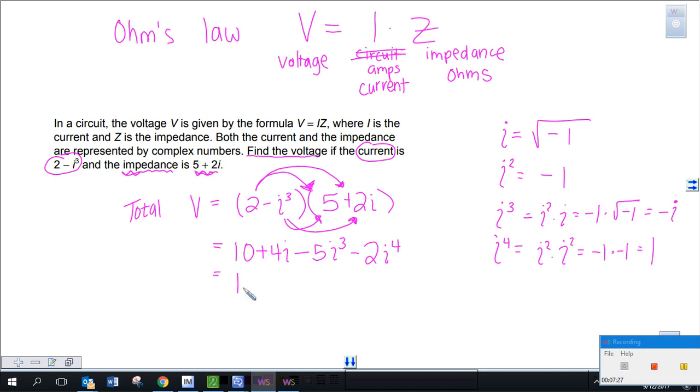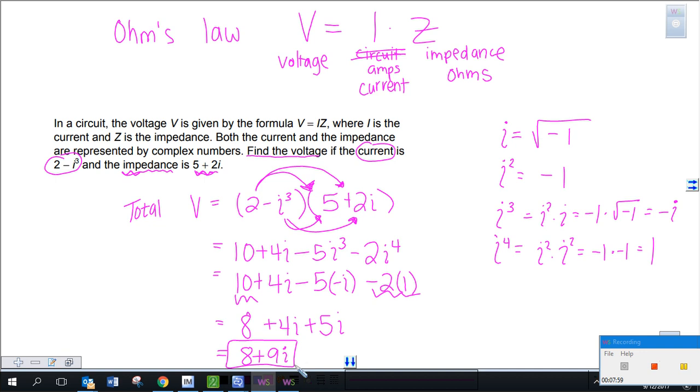So I get 10 plus 4I minus 5 times I cubed, which becomes negative I, minus 2 times I to the fourth, which becomes 1. So now 10 and negative 2 times 1, which is negative 2, can combine to become 8. And then that's 4I, and that becomes plus 5I. So now the I terms can combine. I get a total voltage of 8 plus 9I. Alright, so that's it for today.